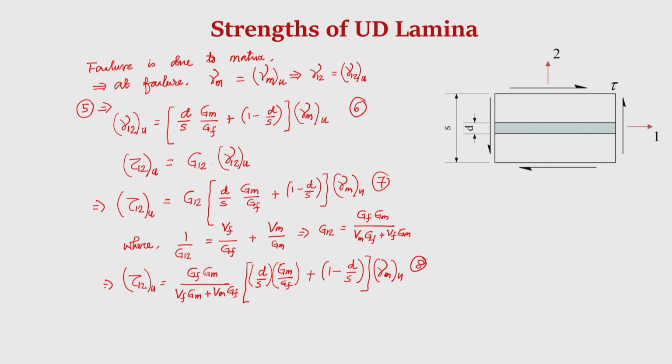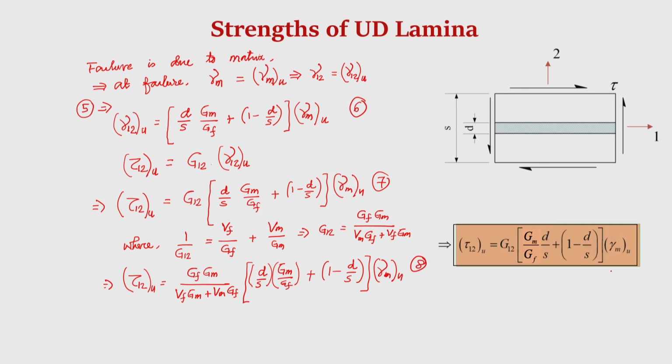So, this is the expression we get, the same thing here. Okay. This is the equation number 8, only thing that we have done is replaced the G12 by its value.